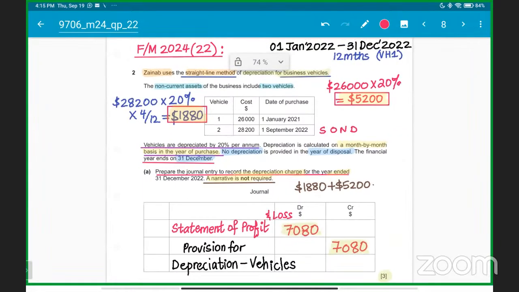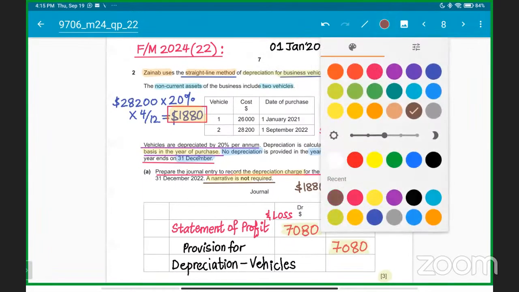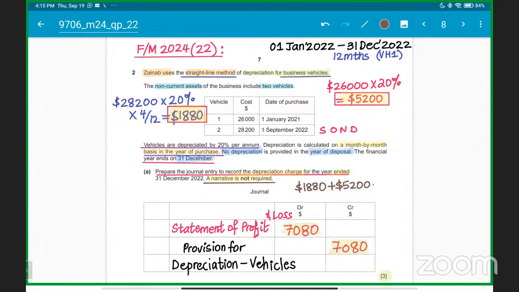What is the depreciation at the start of the year on 1st January 2022? Students need to understand that on 1st January 2022, whatever the depreciation was was of only vehicle number 1, because vehicle number 2 is purchased during the year of January 2022 till 31st December.